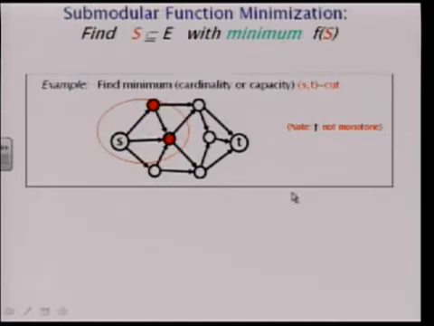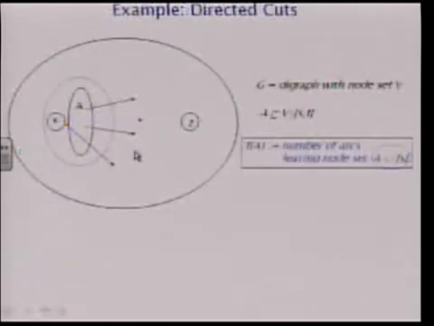And a cut means what? Remember, you collect a subset of these nodes, and then you count the number of arcs leaving this set. I think we talked about this before.